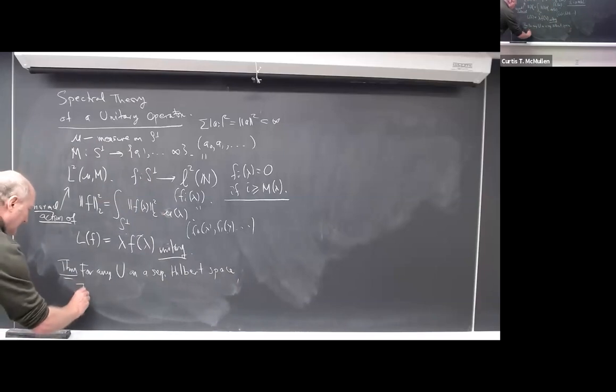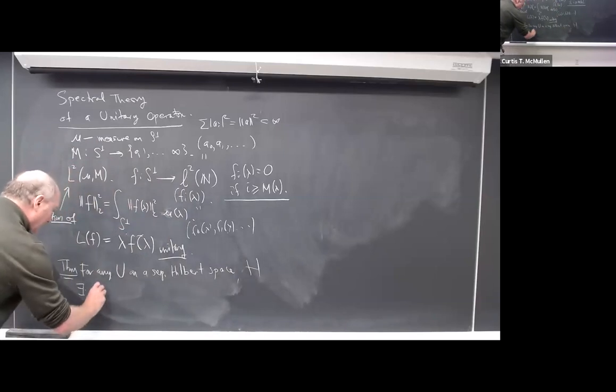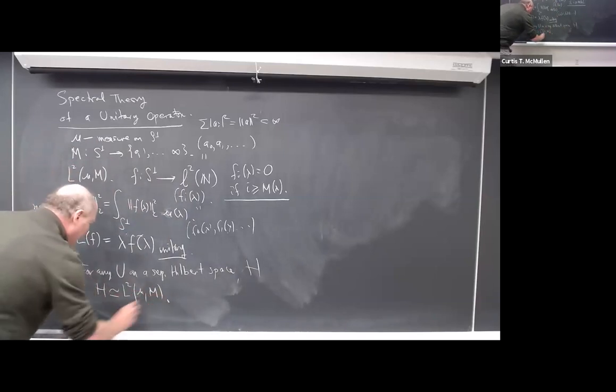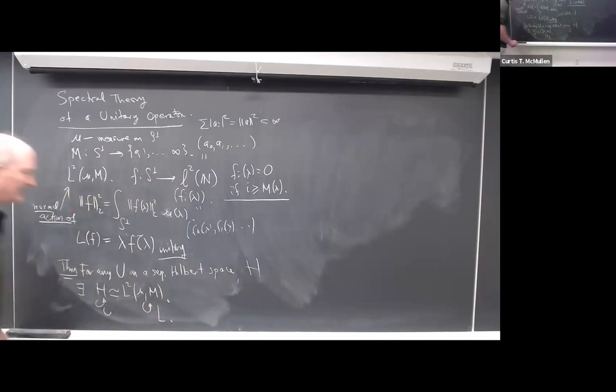So there exists an isomorphism, we call this space H, to some L2 of mu_m that sends the action of U to the action of multiplication by lambda.